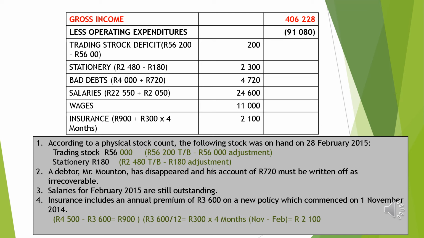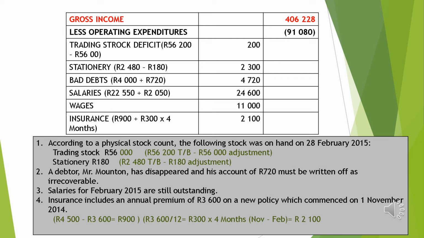Then we reduce it, we say minus 180, simply because this one will also be carried forward to the next financial year. Therefore, it is an asset. But stationery that has been used remains as an expense because you cannot attach a value to it, because we have used it. There is no value to it.